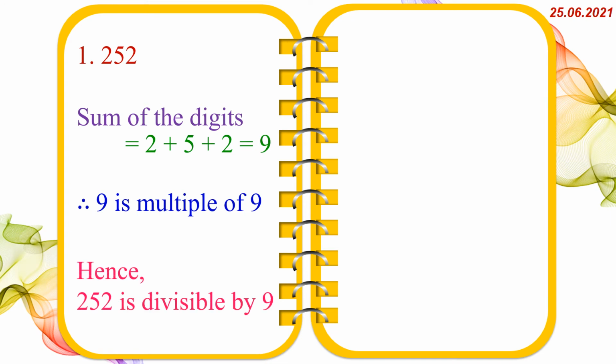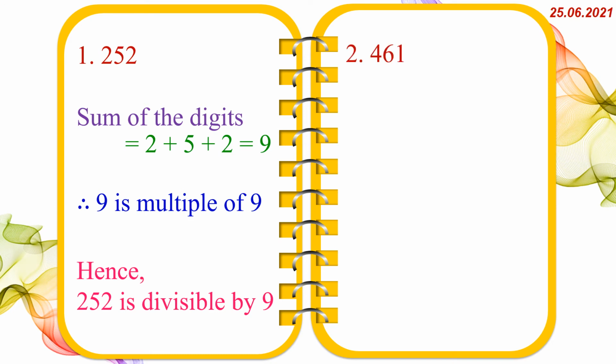Hence, 252 is divisible by 9, because we already know that if a number is divisible by 9, the sum of its digits is a multiple of 9.